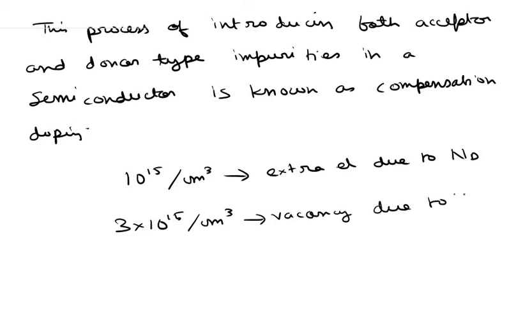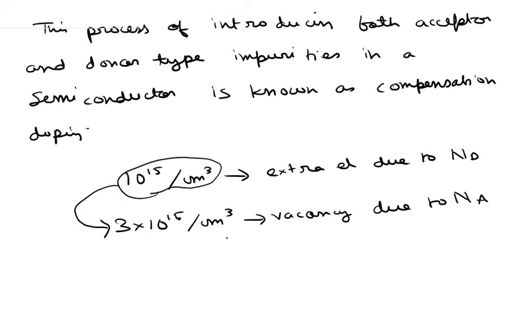due to Na. So what will happen is that this 10 to the power 15 per centimeter cube of extra electrons would come and destroy 10 to the power 15 per centimeter cube of vacancies.